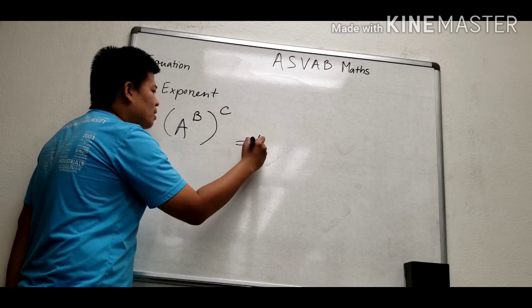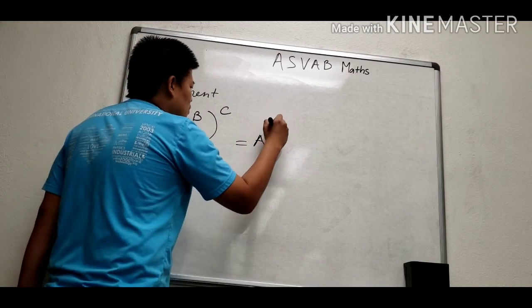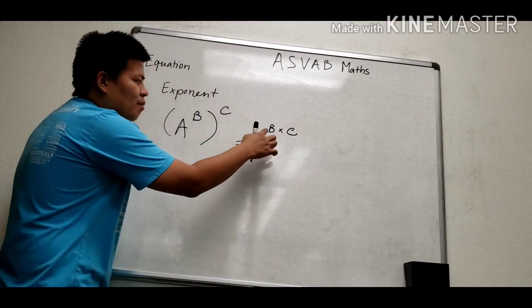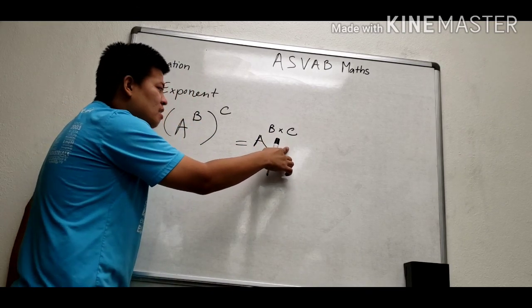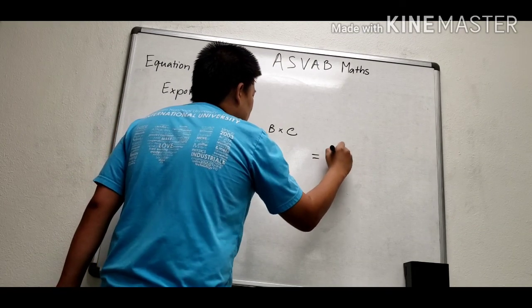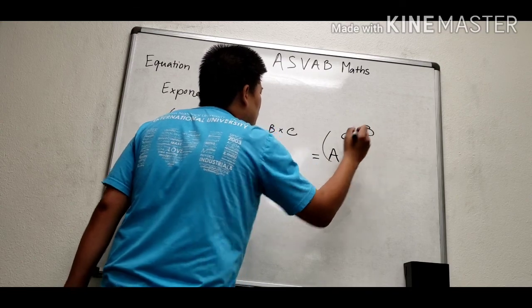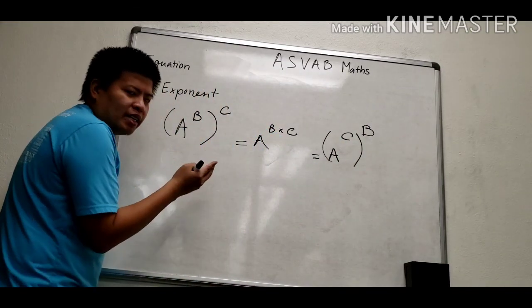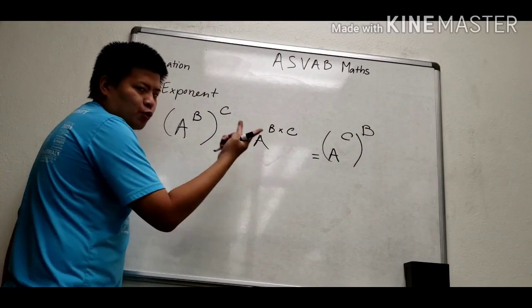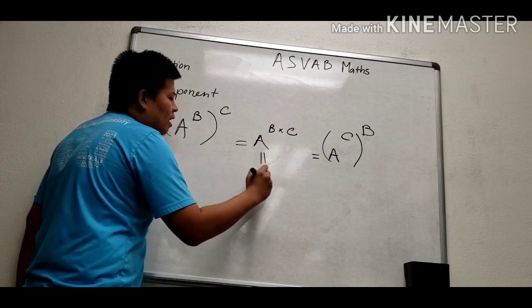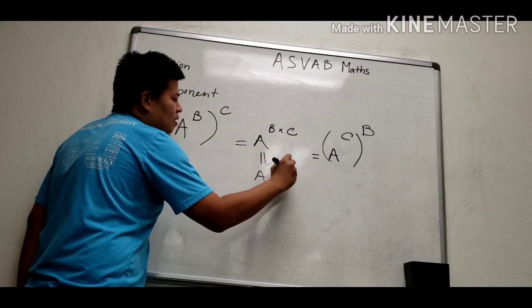The formula will be a power b multiplied by c. Because b multiplied by c together, we can put it like this. Because multiplication can switch, b multiplied by c is equal to c multiplied by b.